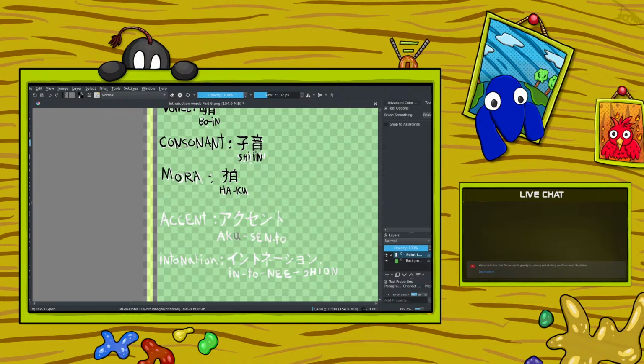And then we have accent, which is then written down in katakana again, like a piece of shit.